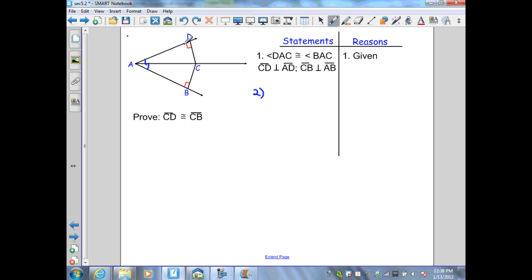I now have two angles that I know to be congruent in each triangle. Here the right angles we know are congruent, and in the given, we're given that angle DAC is congruent to BAC. Now all I need to do is to get a third part of the triangle congruent, and I can do that by AC congruent to segment AC, and that is because of the reflexive property.